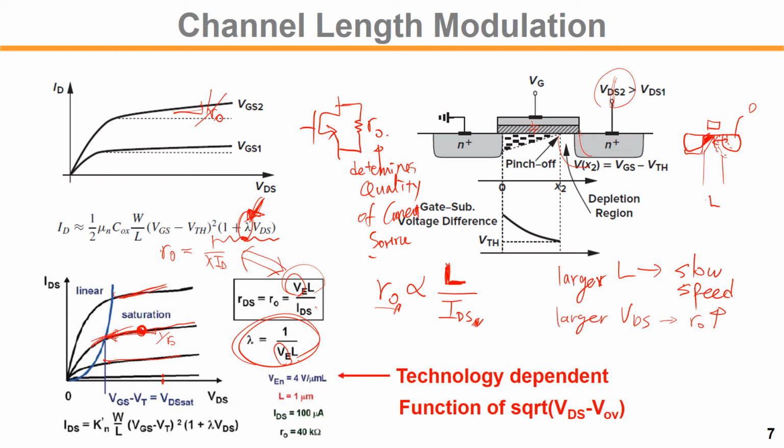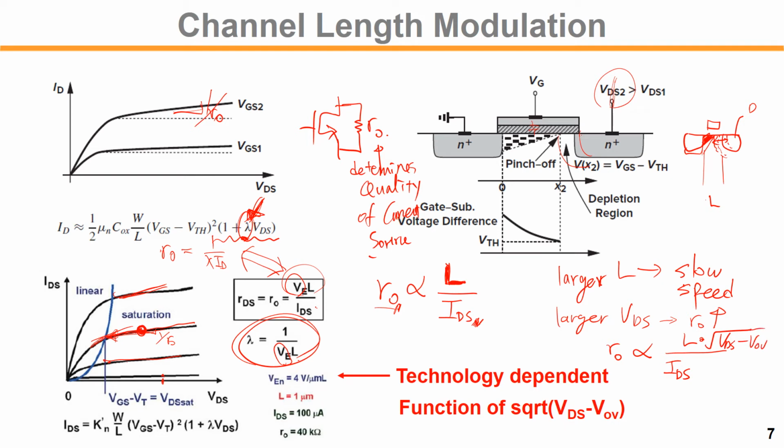Such kind of thing is modeled in an equation. If you do more of the mathematics, for example, RO can be proportional to what? L over IDS, and also times the square root of VDS minus the overdrive voltage.